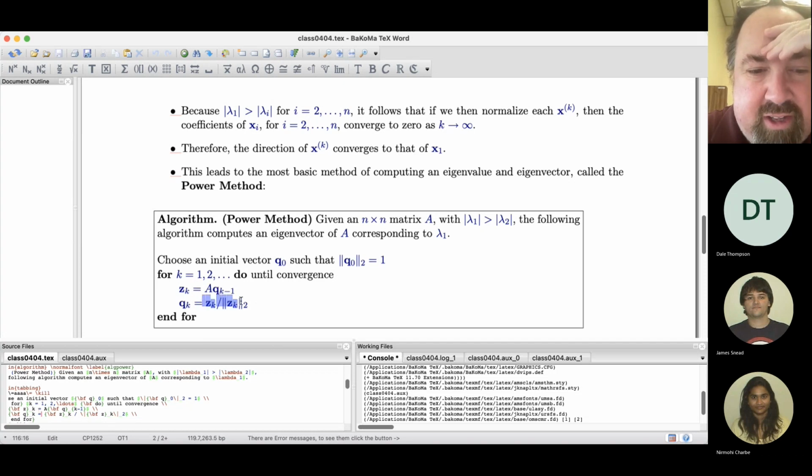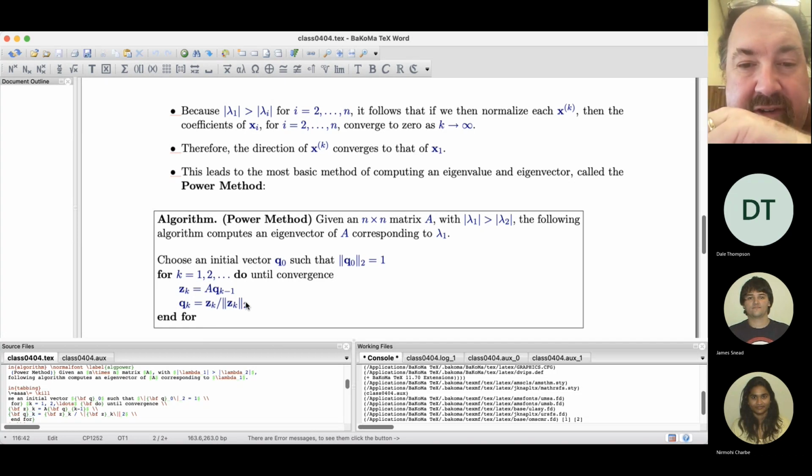So here this takes the magnitude out of the equation. Under the assumptions that we've made, this iteration will cause these Q's to converge to an eigenvector of A with eigenvalue lambda 1.